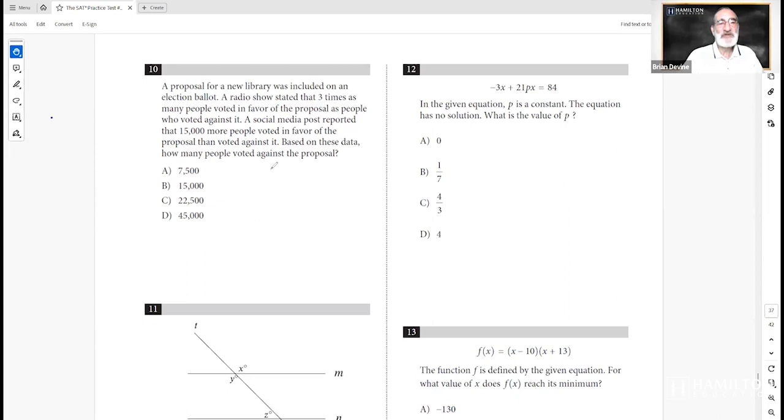Well, what they said was for equaled 3 times against. And that against plus 15,000 that voted for was equal to 3 times against.